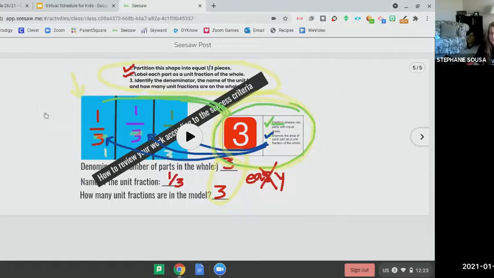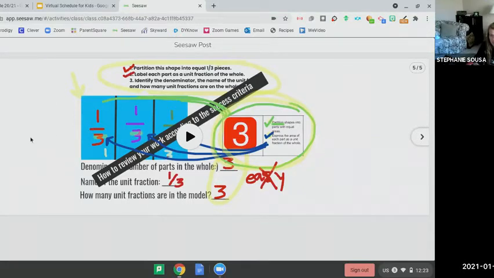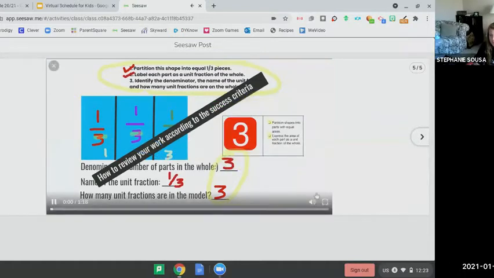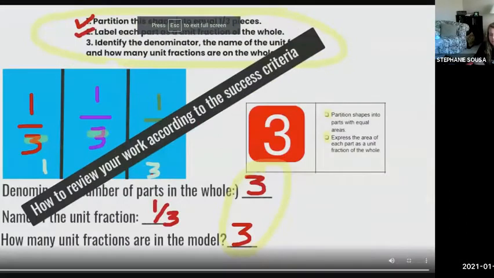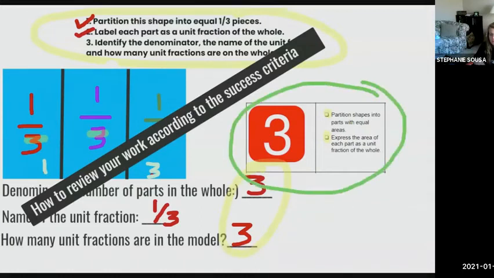All righty, here's an example of what you are going to be completing today here in a few moments, okay? You are going to be partitioning a shape into equal pieces, and you are going to be labeling parts as a total fraction. When you are asked to review your work according to the success criteria or to share how you know you are successful, you should be using the vocabulary that comes directly from the success criteria.